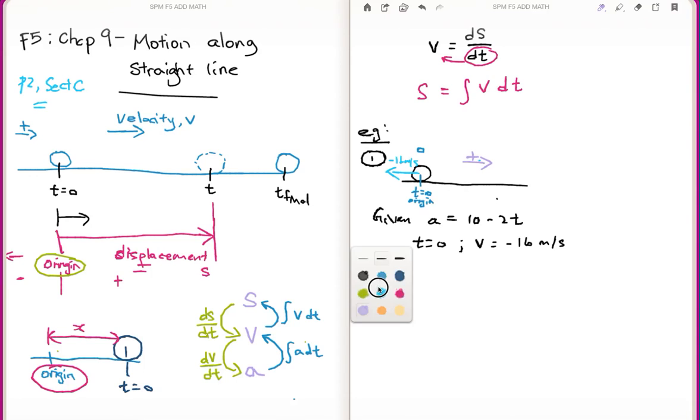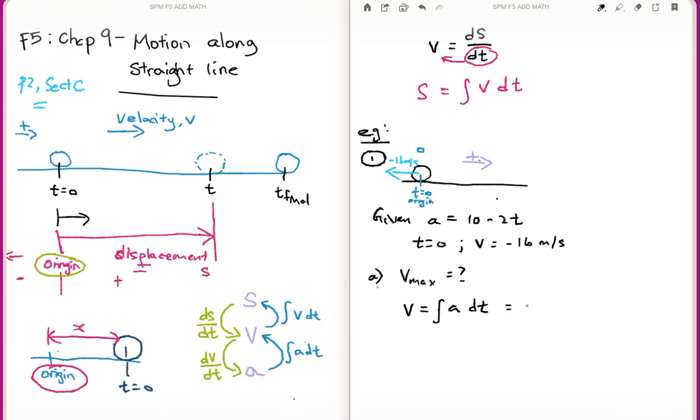So first question, part A: the maximum velocity of the particle. Now here, in order to get the Vmax, all you need to do is integrate your acceleration. To do that, you need to find the equation for v, where v is the integration of a dt.